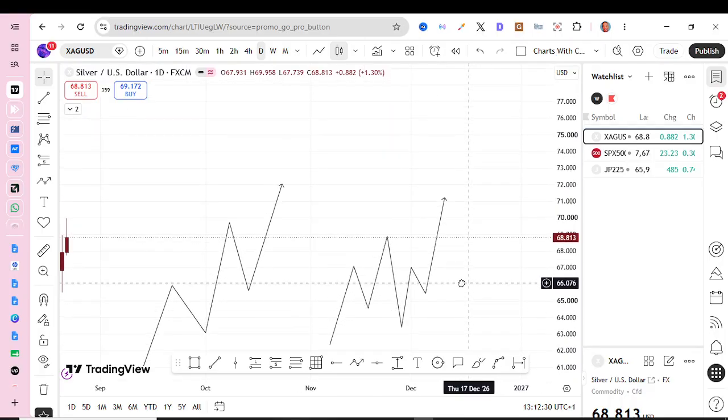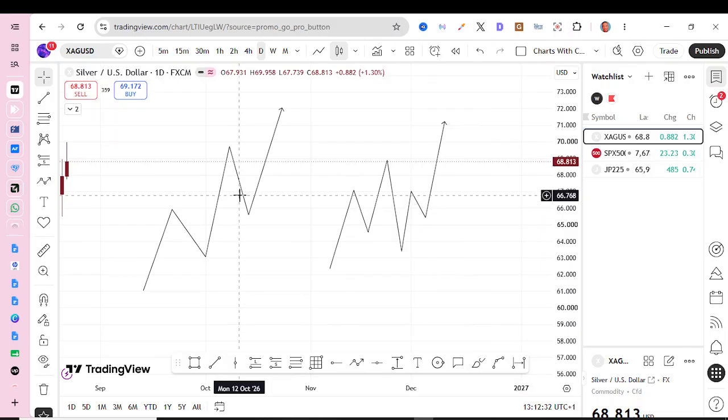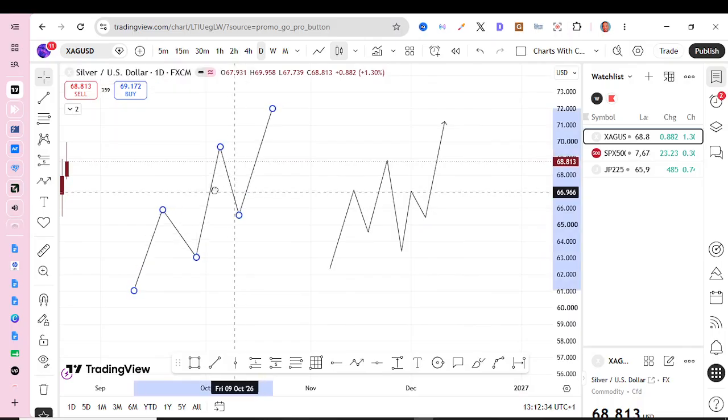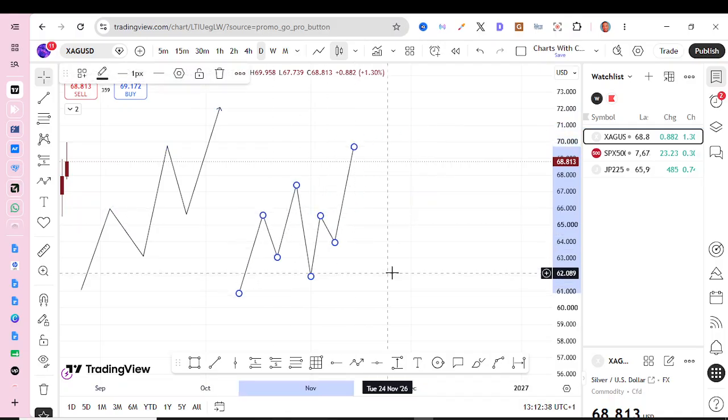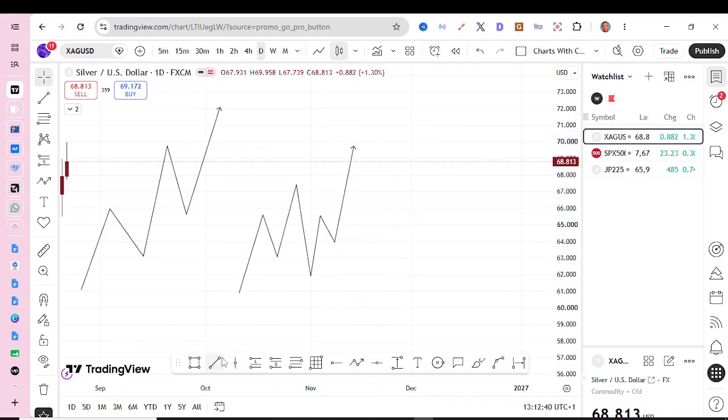Whenever we have this for the advanced market structure, after this break, market comes to seek liquidity, right? Market comes to seek liquidity. These are the break of structure.